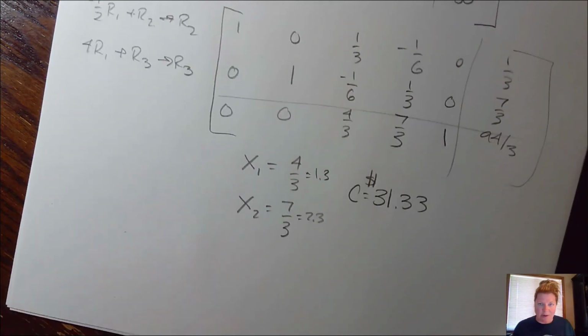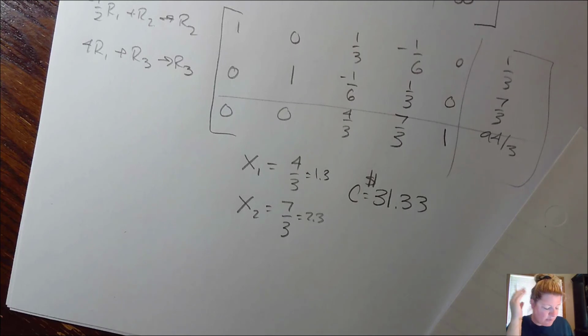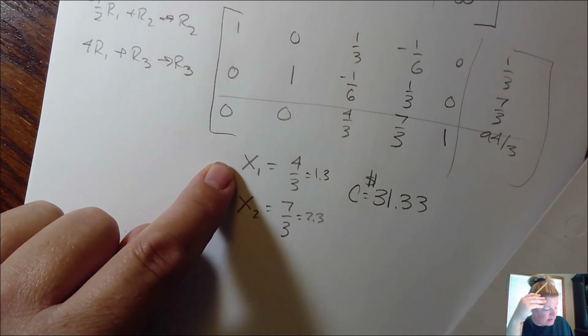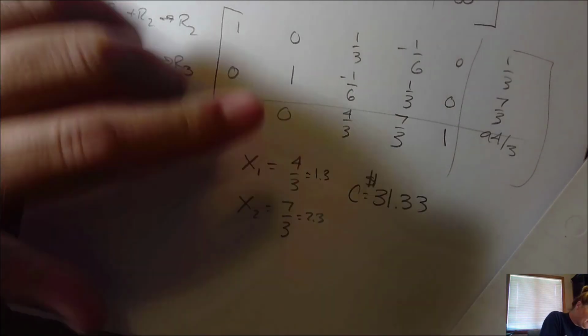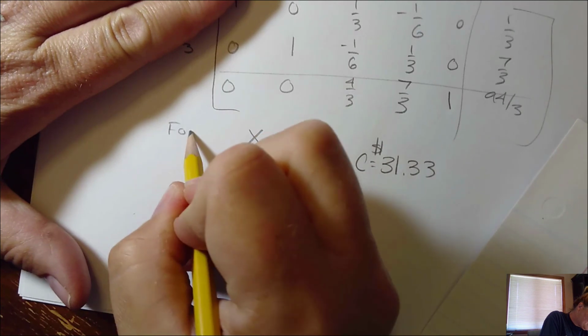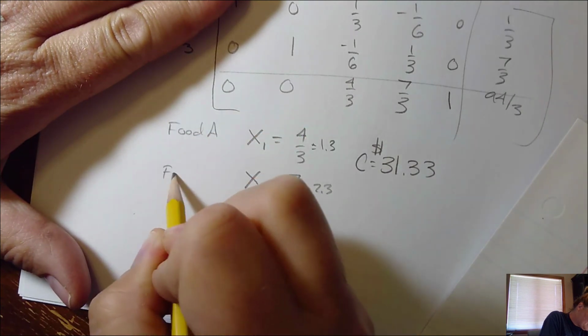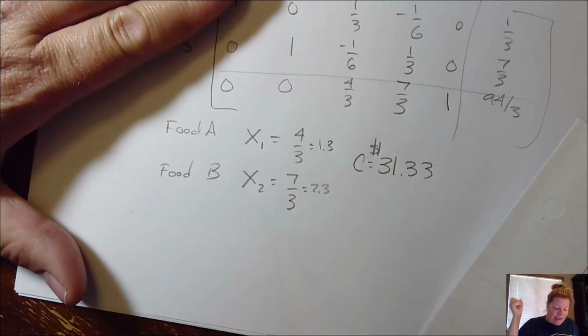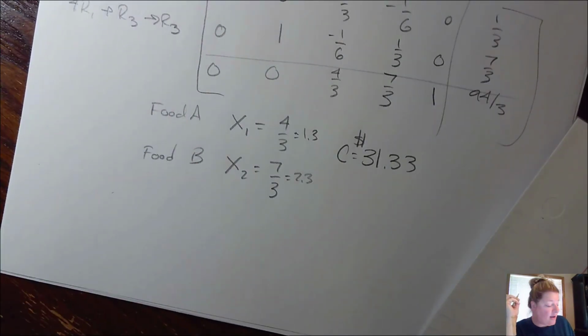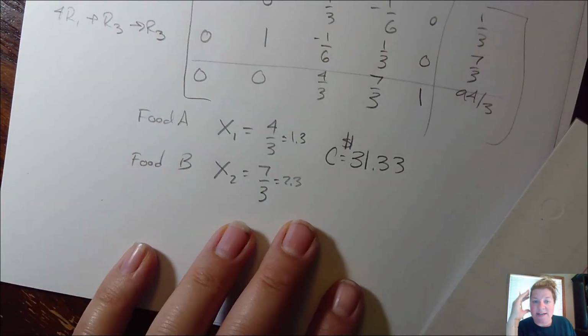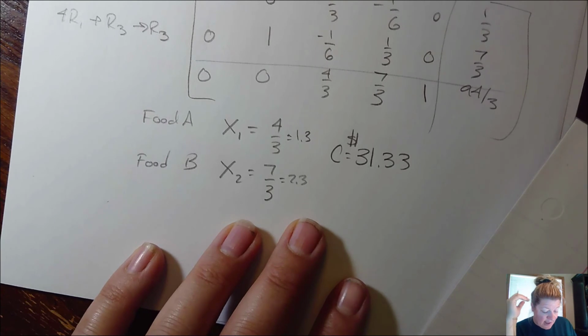And you can't go, I would like 4/3 of food A. Not gonna work. So we're gonna buy 2 containers of food A, because this was food A. And we're going to buy 3 containers of food B, because you always have to round up to get enough of the stuff that we need.